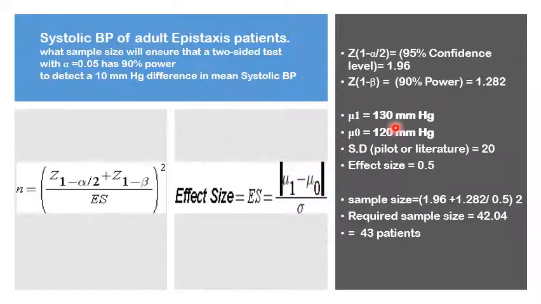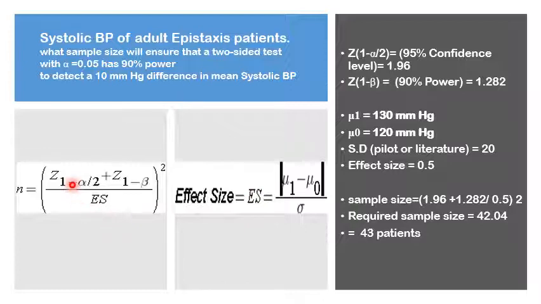Say if we have measured the systolic blood pressure in epistaxis as 130, the normal systolic blood pressure in adults is 120, so that amount would be 10 millimeters, divided by the known standard deviation, again from the literature or from the standard, and that's 20 millimeters of mercury. So if you divide 10 by 20, this is half. Effect size here is half.